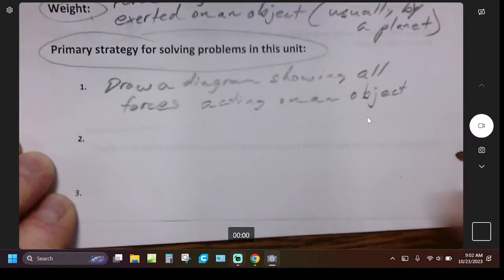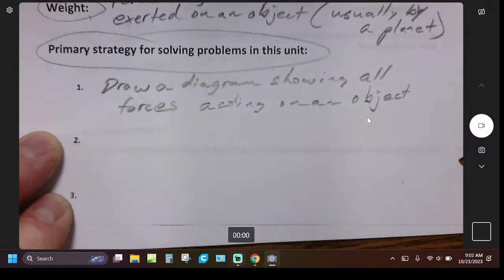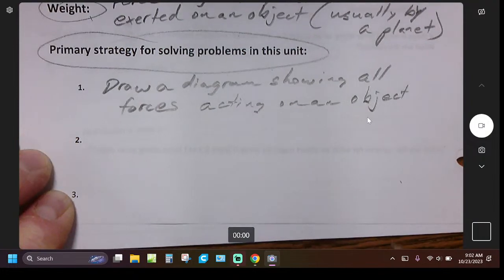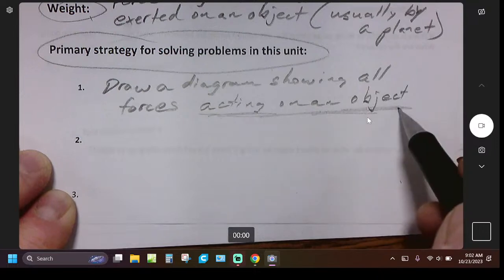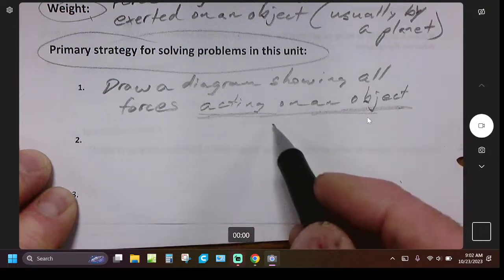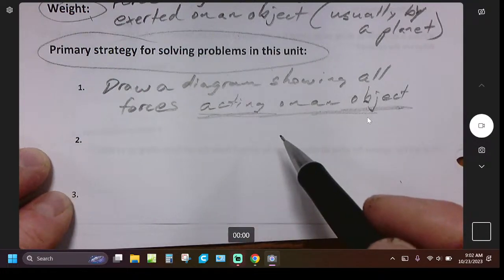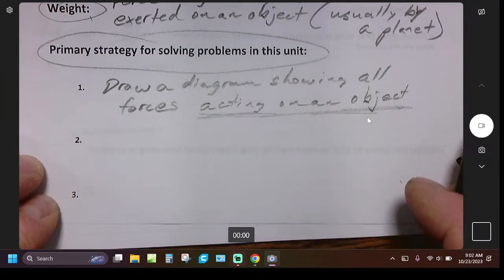That's the first thing. Draw the diagram. It's key that it's just the ones acting on the object. Sometimes it's hard to tell in the beginning, is this a force acting on the thing, or is this a force exerted by the thing? And it can be confusing.